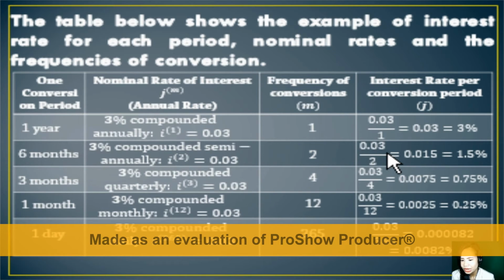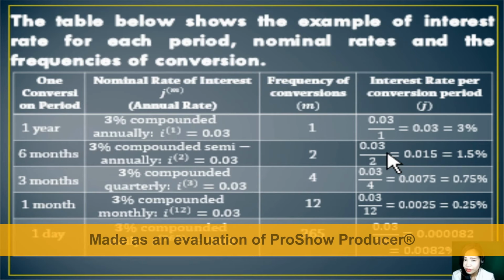For 3 months, 3% compounded quarterly, because in a quarter, it involves 3 months. It is within 3 months, right? So, you have I to the power of 3 is 0.03. Now, how many 3 months are there in a year?